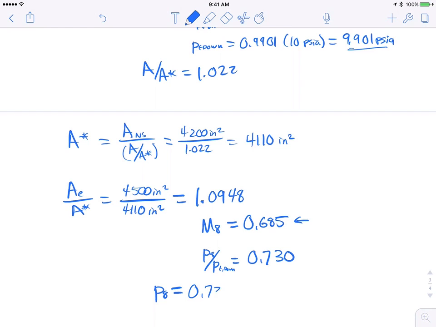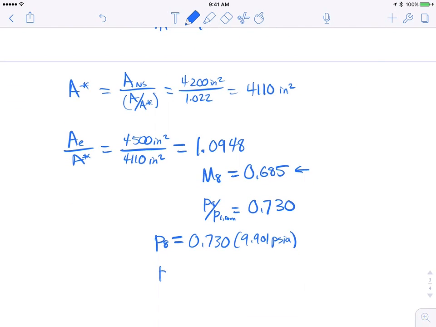So we're going to do 0.730 times 9.901 psia, which will give us a final static pressure at the exit of 7.230 psia. And that is pretty close to our actual ambient pressure, which was 7.233 psia.